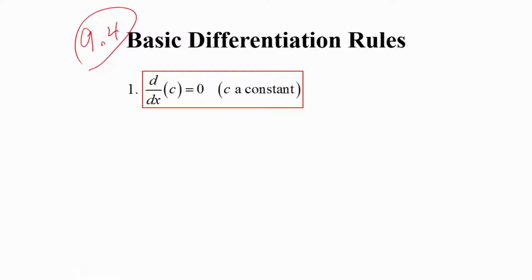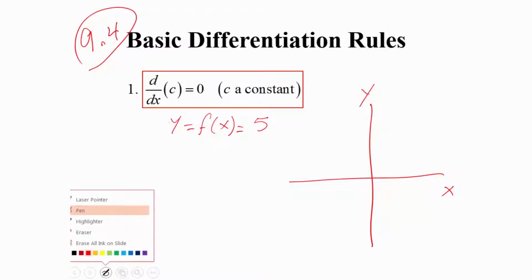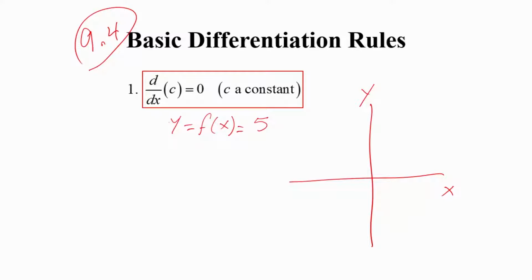If your function is y equals f of x, and f of x is equal to 5, how do you graph this? Here is x, here is y. We want to graph y equals 5, here is 5.